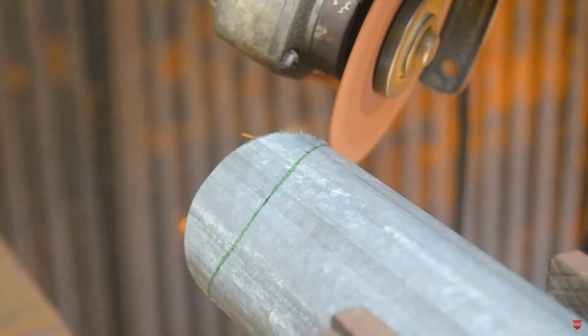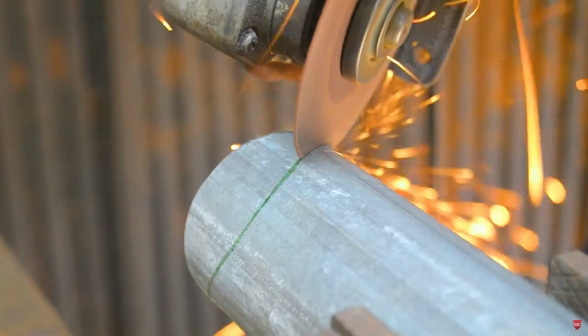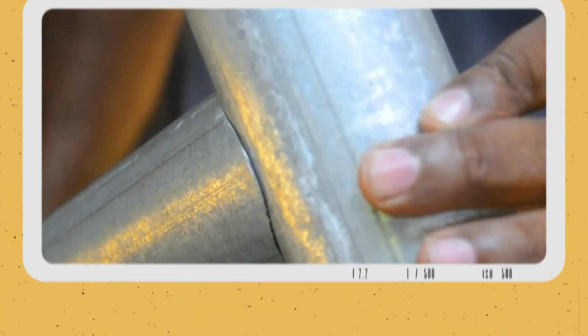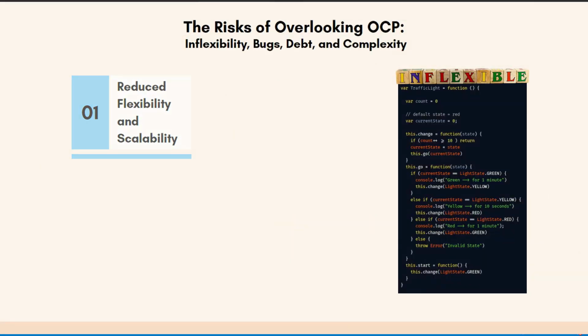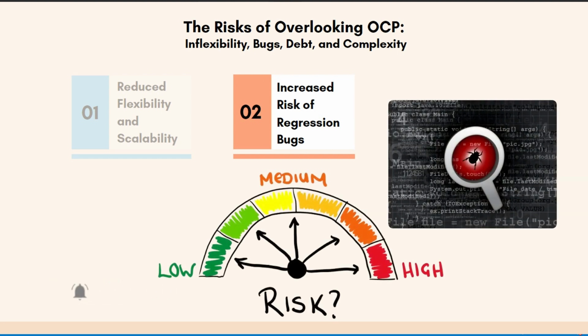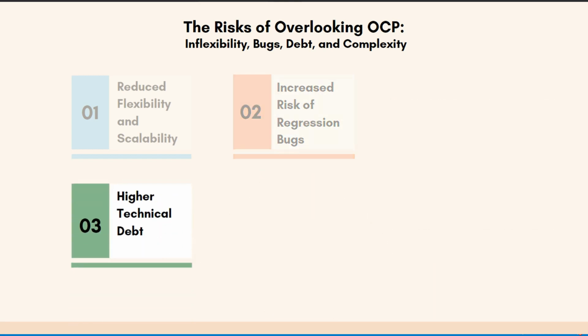Remember our plumbing example? Cutting into the existing pipe every time and adding a T connector leads to significant issues in the future. It can definitely lead to an increase in regression bugs. Every time existing code is modified, there is a risk of introducing new bugs. These bugs are often hard to predict and can lead to a decrease in overall software reliability. Higher technical debt.